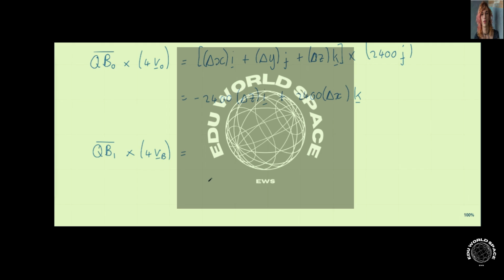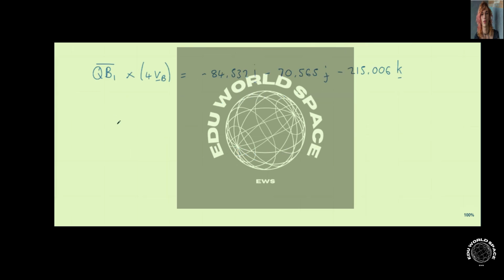And for 4VB, it's minus 1212.84 for I, 2572.72 for J, and minus 367.52 for K. And so the cross product ends up being minus 84.532I minus 70.565J minus 215.006K. So essentially, we have all our terms in that vector equation.